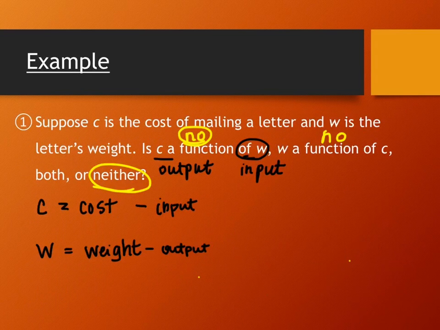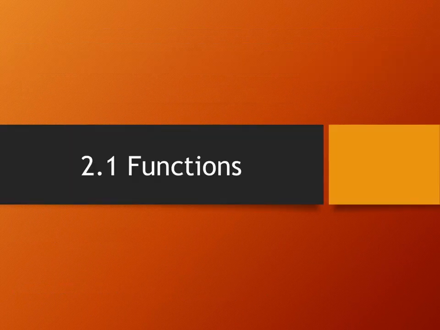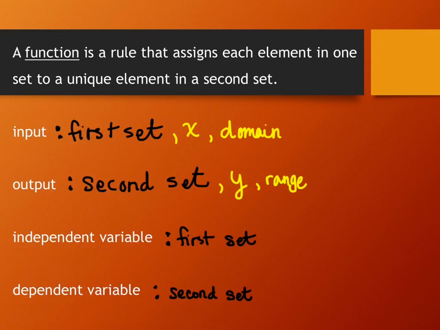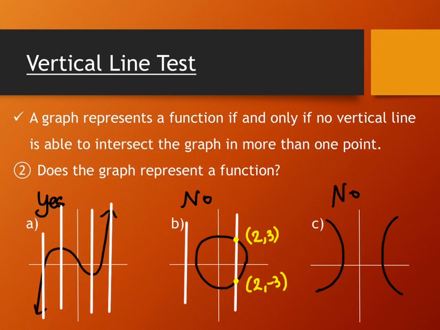And that's exactly what it means to not be a function. A function needs to be a rule that assigns each element in one set, those are the x's, to a unique element in the second set. And my graph assigned it to 2 elements, 2 y values. So it's not a function. Okay? So that's what we see happening on part B.